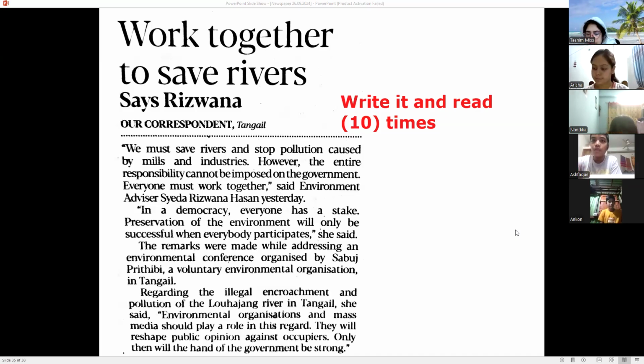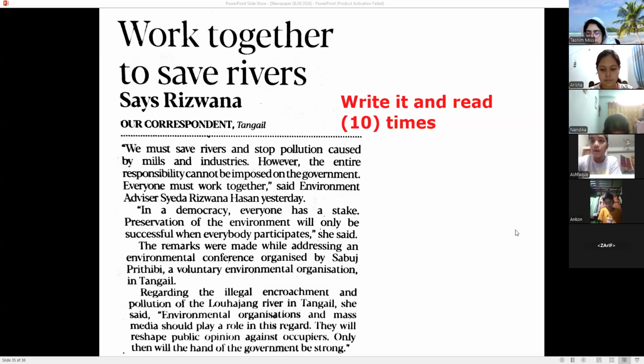Work together to save rivers, says Rizwana, our correspondent, Tangail. We must take measures to stop pollution caused by mills and industries. However, the entire responsibility cannot be imposed on the government. Everyone must work together, said Environment Advisor Syeda Rizwana Hassan yesterday. In a democracy, everyone has a stake. Preservation of the environment will only be successful when everyone participates, she said.